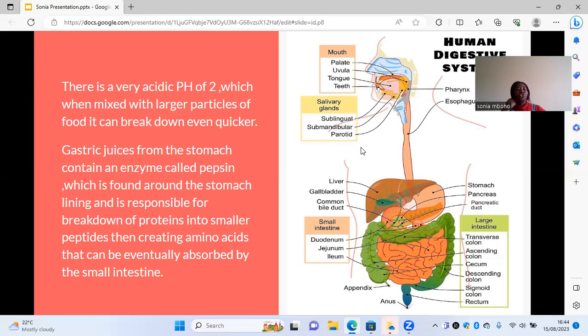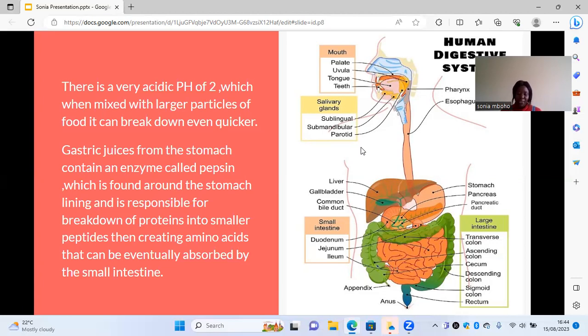The gastric juices from the stomach contain an enzyme called pepsin, which is found around the stomach lining, and it is responsible for breaking proteins into smaller peptides, creating amino acids that can eventually be absorbed by the small intestine.